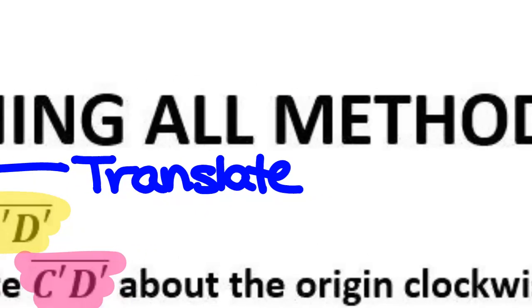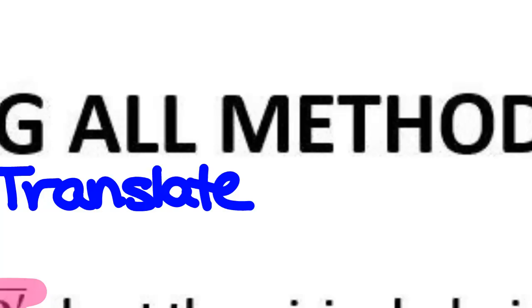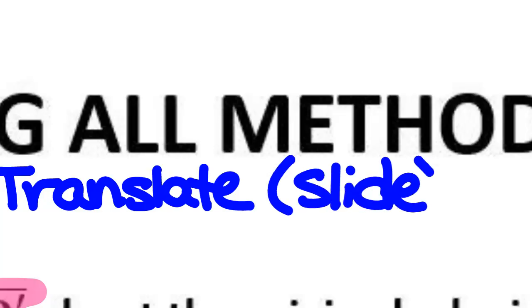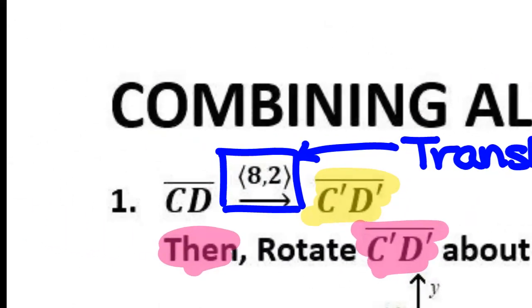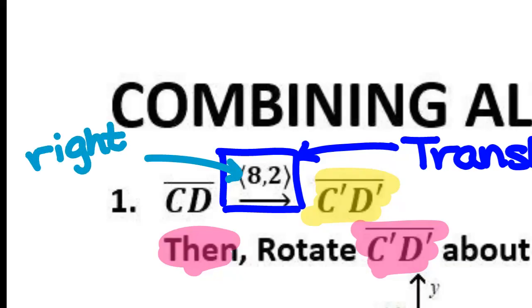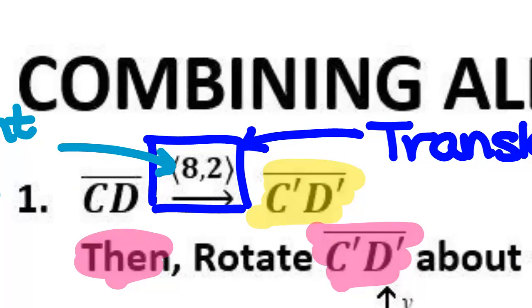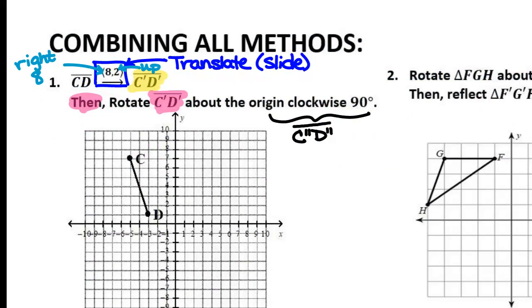This is a slide. It's going to go right 8 and up 2. Because the first number is an 8, and that always tells me my left, right, my X. The second number is a positive 2. That's my up, down number. It goes with my Y.